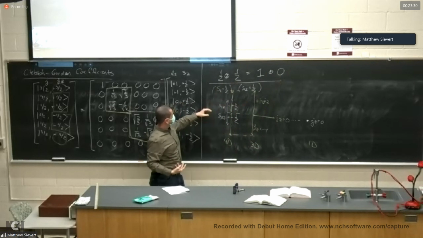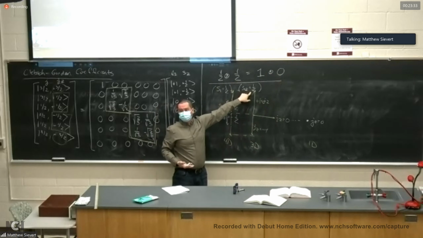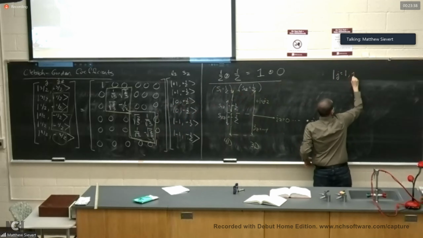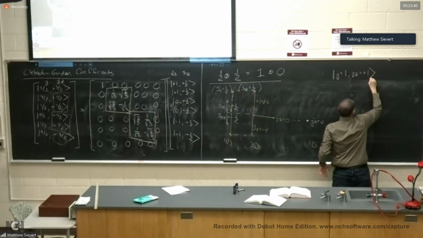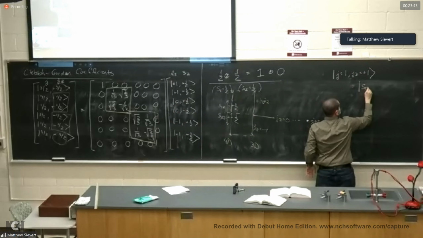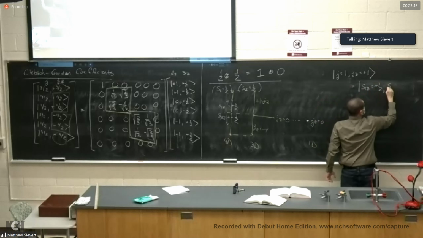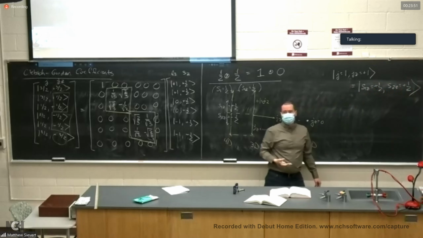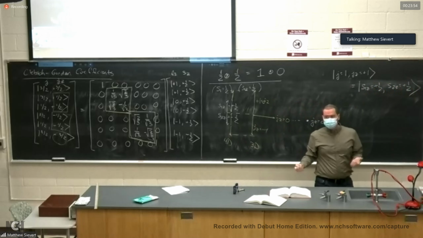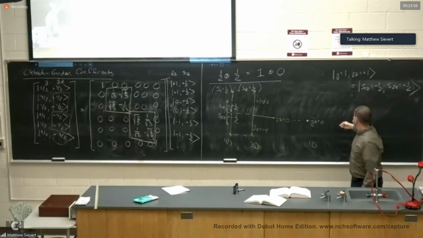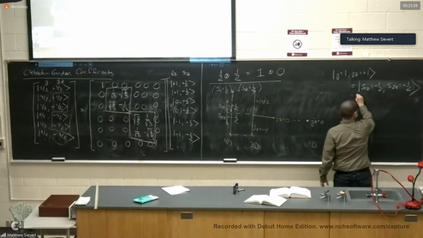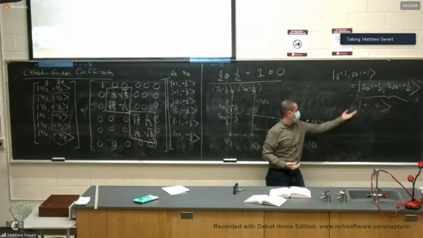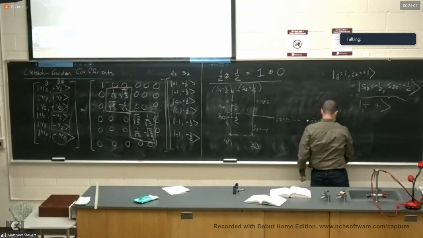The strategy, as before, is to first construct the top state. The top state is unique. So I must have j equals 1, jz equals plus 1, uniquely made out of the combination S1z is plus 1/2, S2z is also plus 1/2. For spin 1/2, where I've only got 2 states, this notation gets a little ridiculous. It's much more common and compact to just call this state something like plus plus, spin up, where this means plus 1/2, plus 1/2.